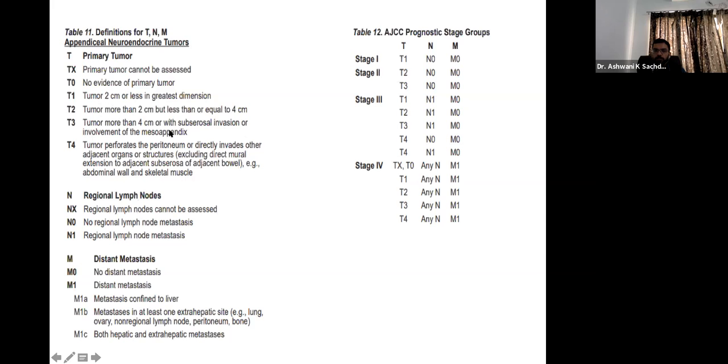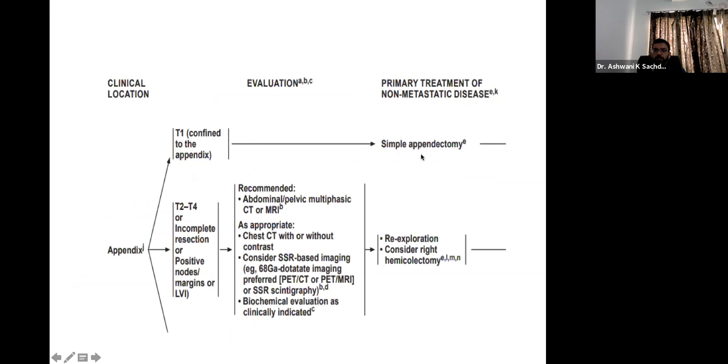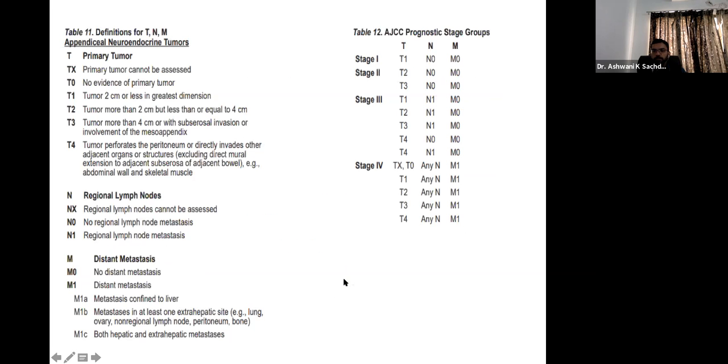So for T1 only, we can do simple appendectomy and follow up the patient, and for T2 and above, right hemicolectomy is to be done. This is in contrast to mucinous appendiceal carcinoma if found on the appendicectomy specimen.